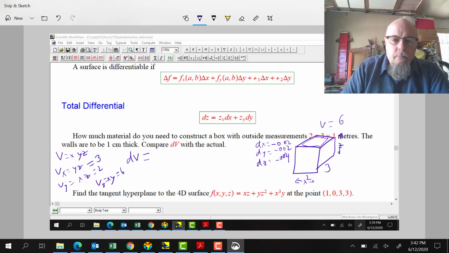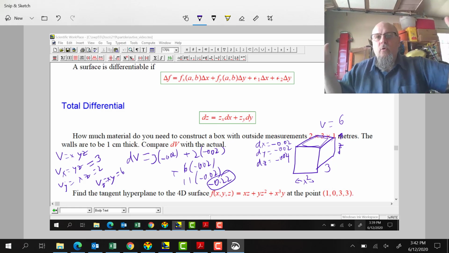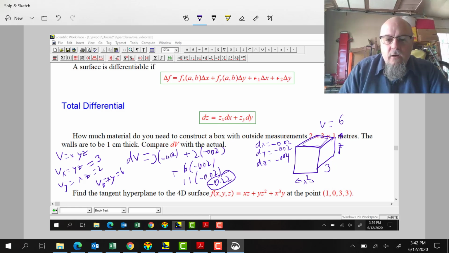So the change from the outside to the inside is going to be 3 times minus 0.02 plus 2 times minus 0.02 plus 6 times minus 0.02, and that's like 11 minus 0.02s, so minus 0.22. And since that's the change in the volume going from outside to inside, it's negative. We want to express it as the negative of what it was. So the change in the volume should be 0.22. Now we can calculate the actual volume, and it'll be close to this.